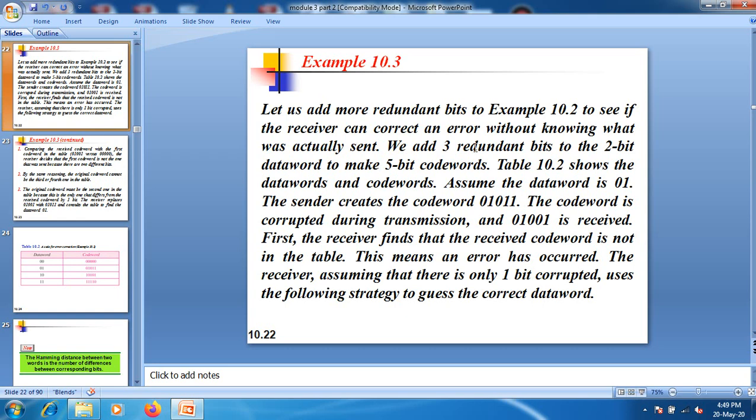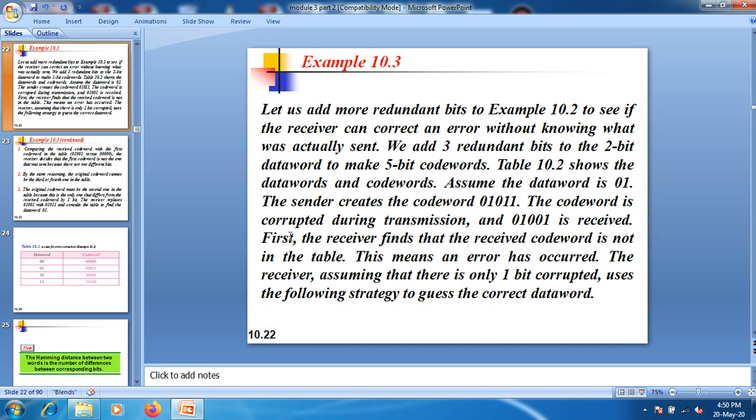We need to add 3 redundant bits to the 2-bit data word to make a 5-bit code word. Assume that the data word is 01, and the sender creates the code word for it, that is 01011. The code word is corrupted during the transmission, and 01001 is received.